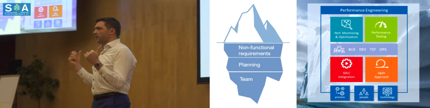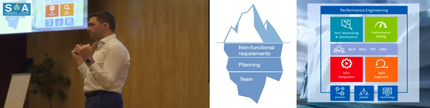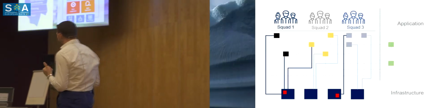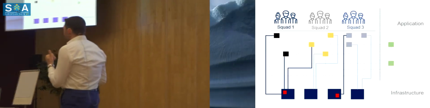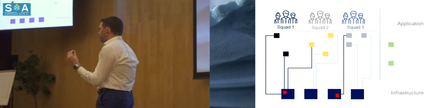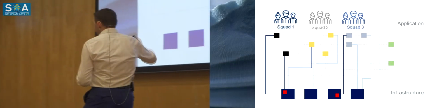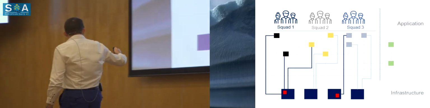And is this now the final end state? Can you be happy with this state? No. And why not? Because I still miss a very important information. I miss information about my infrastructure.